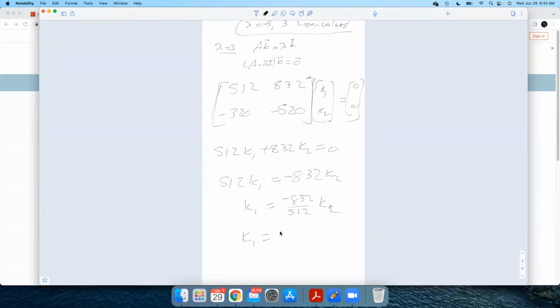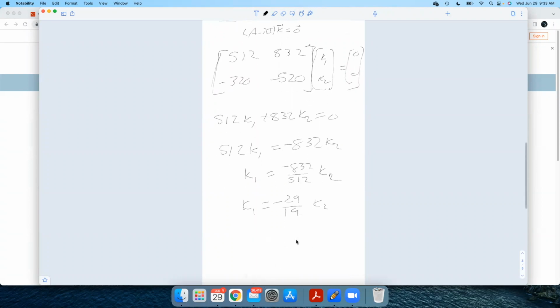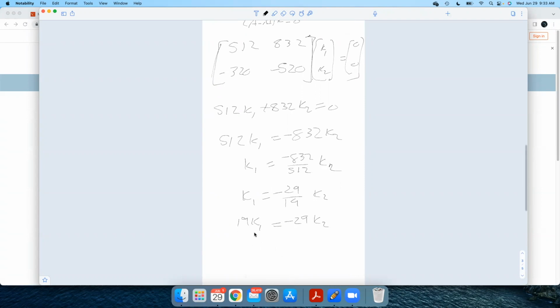So K1 equals negative 13 over 8 K2. The way my mind works is I like to swap coefficients. So I would bring this 8 back over here: 8 K1 is negative 13 K2. Then just swap coefficients, and I would have negative 13, 8. That would be my vector K.